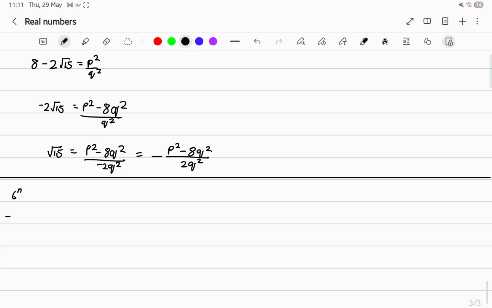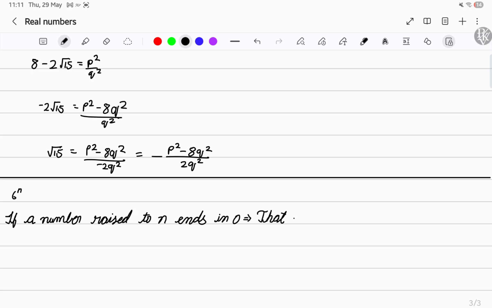So what you need to do is to write, if a number raised to n ends in 0, that implies that number should be divisible by both 2 and 5.